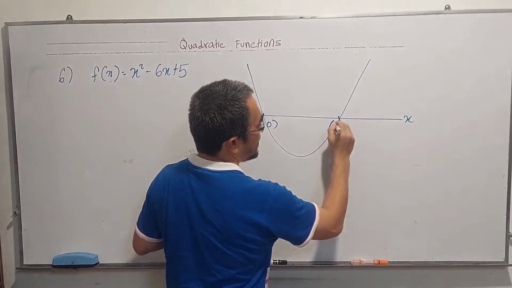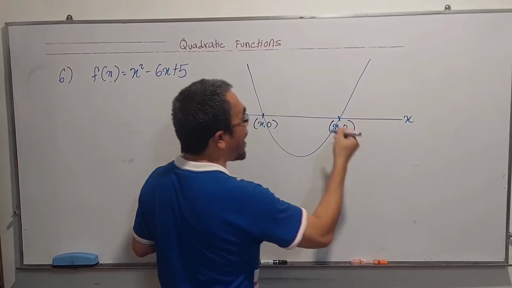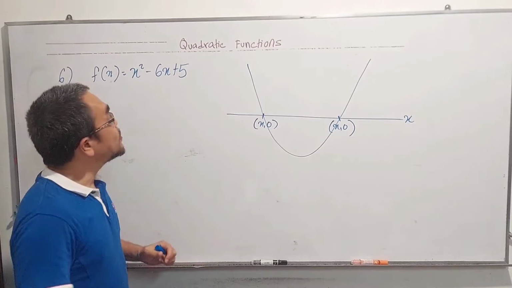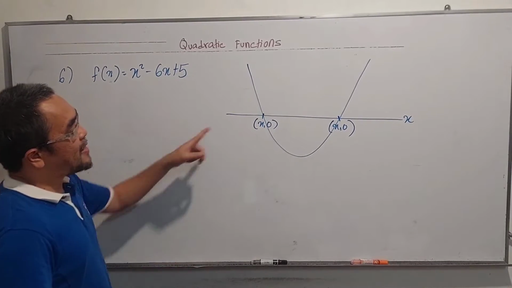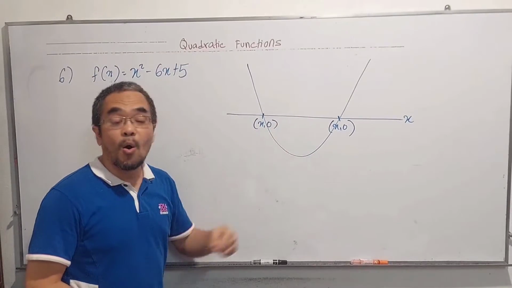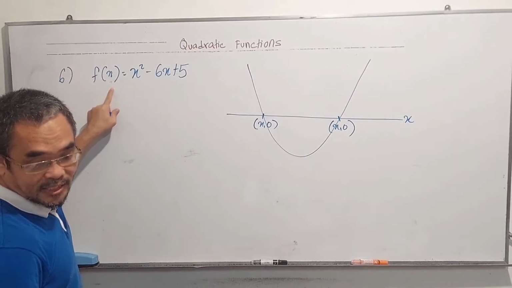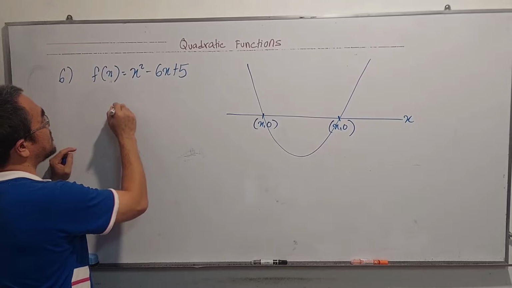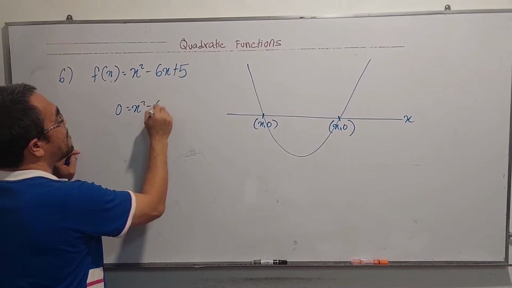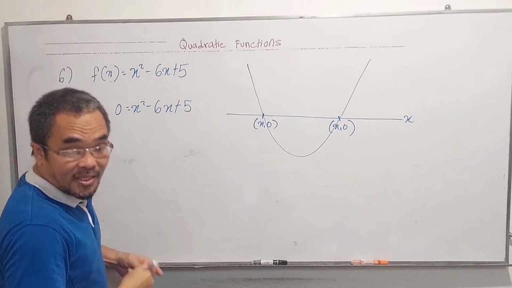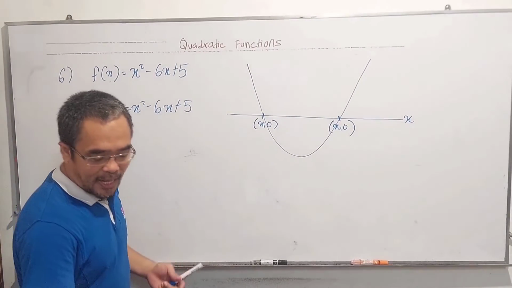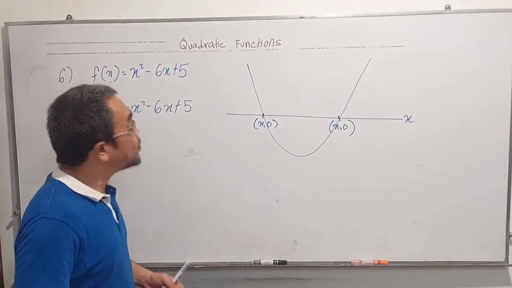Similarly here, the y I know is 0. So for your info, that 0 is either y or f(x). f(x) is 0. So you substitute 0 equals x squared minus 6x plus 5. And then solve just like you did for the other equations.